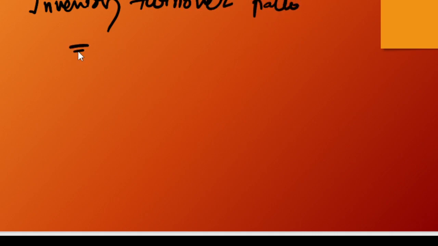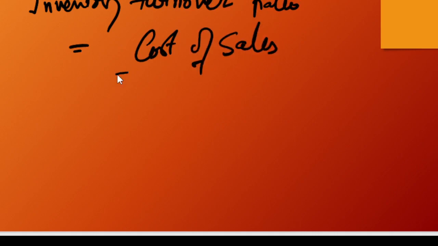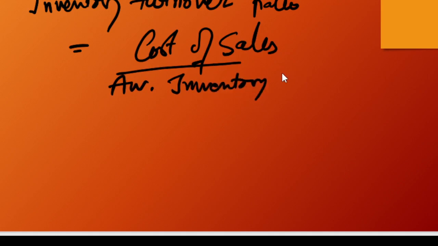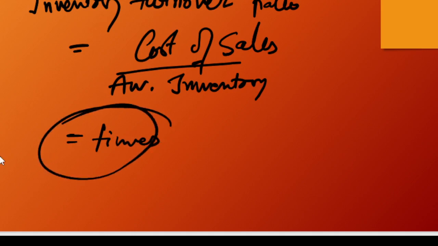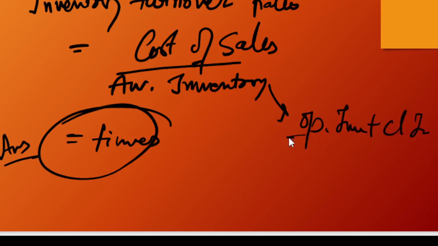So what is inventory turnover ratio? Cost of sales upon average inventory, and your answer will be in times. Now what is average inventory? Average inventory is opening inventory plus closing inventory divided by 2. Now these are the formulas.